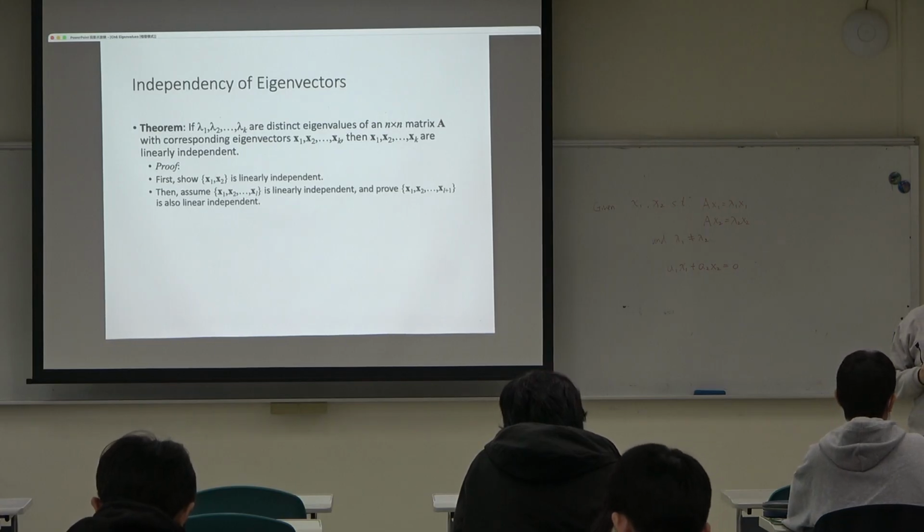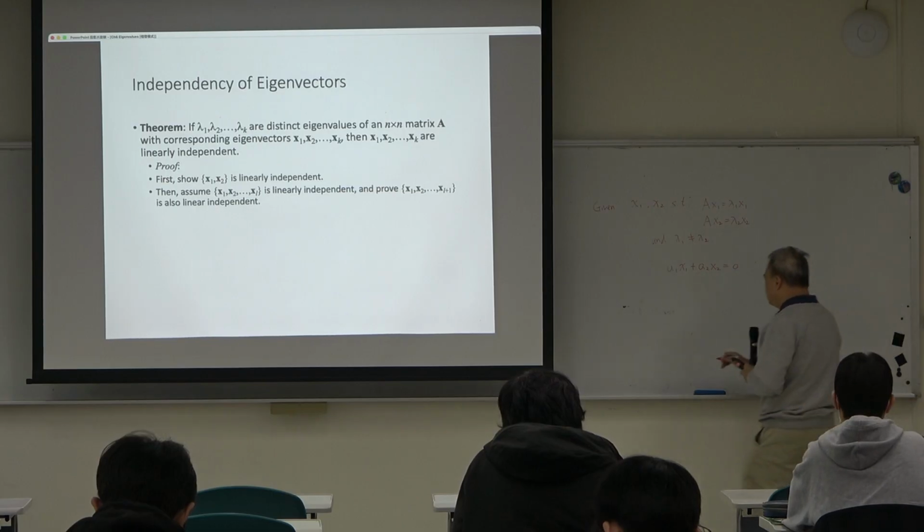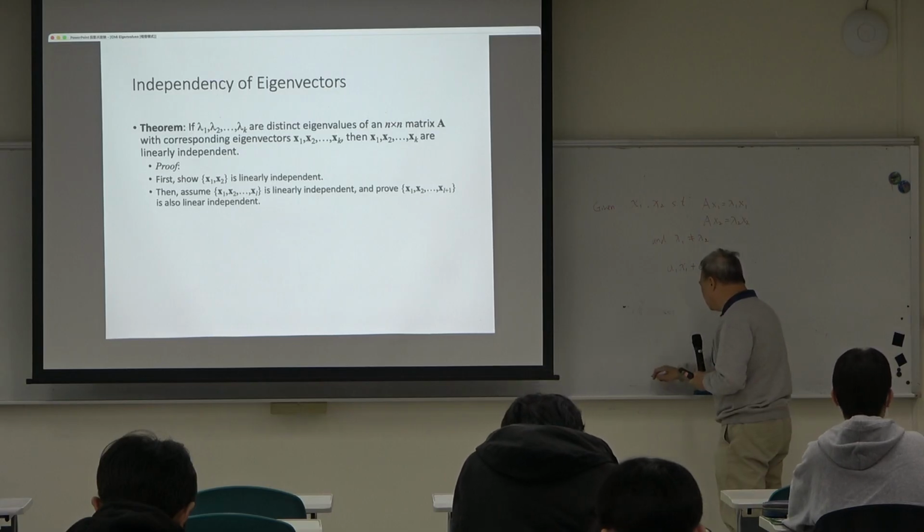That is according to the definition of linearly independent. So if we have that, eventually we need to derive a1 equal to a2 equal to 0. That's our goal.